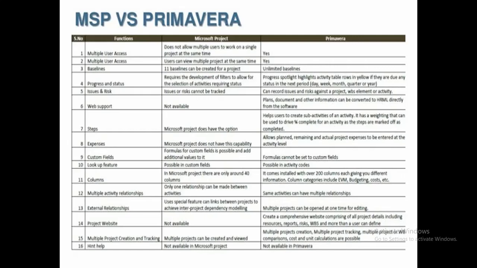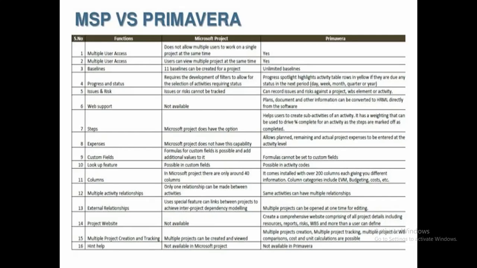Second, for steps, Microsoft Project does have the options, and Primavera helps users to create sub-activities of an activity. It has a weightage that can be used to derive percentage completion for the activity as the steps are marked complete.